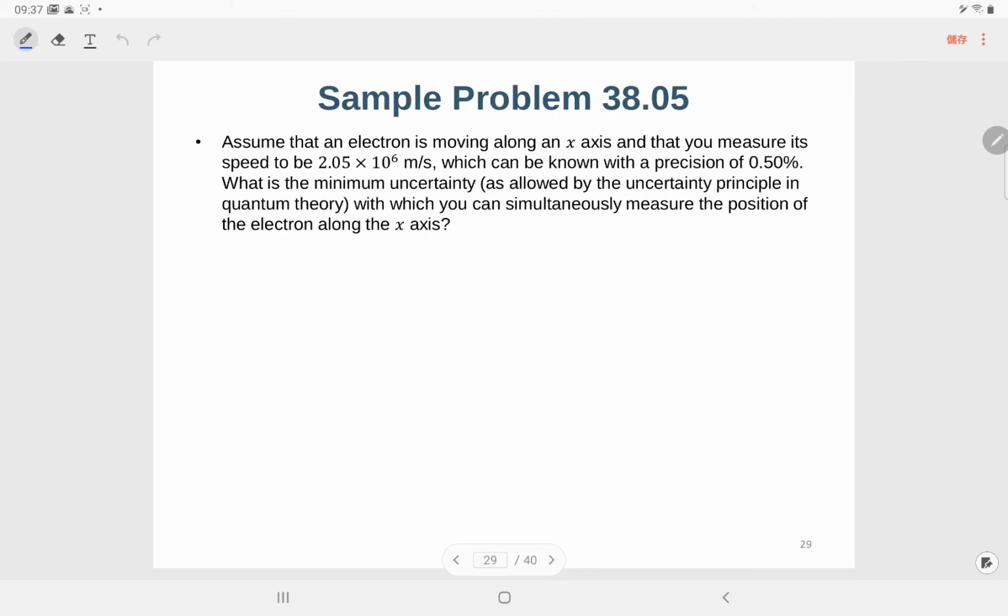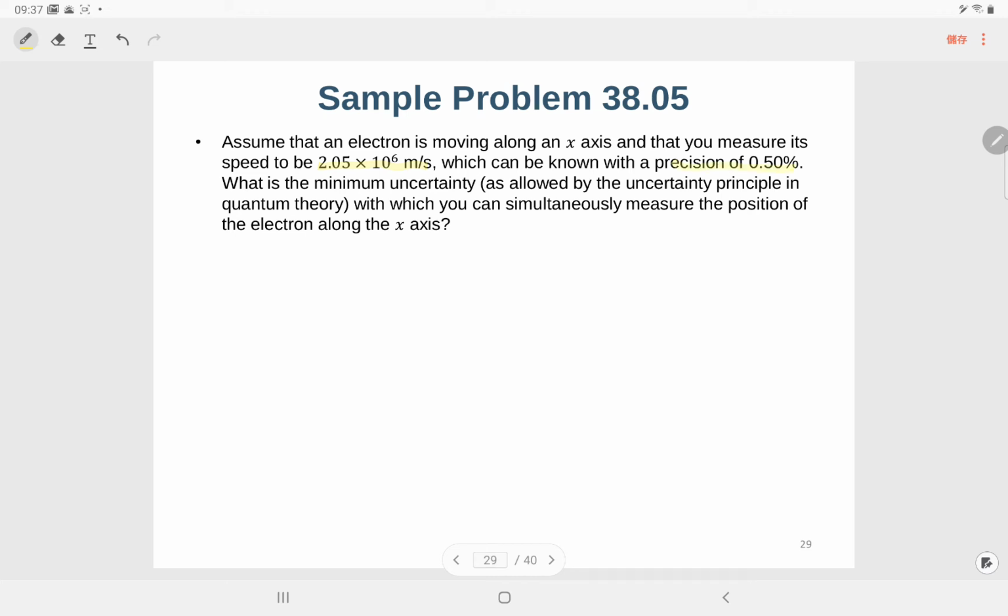Okay, so we have a sample problem. Here, assume an electron is moving along the x-axis, and that you measure its speed like this, which can be known to a precision of 0.5%.